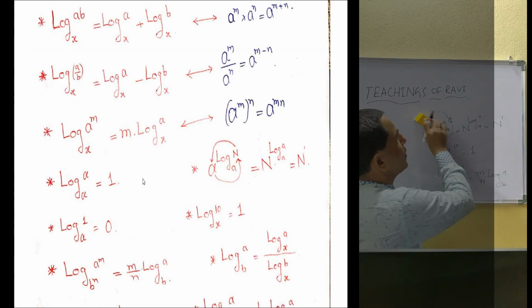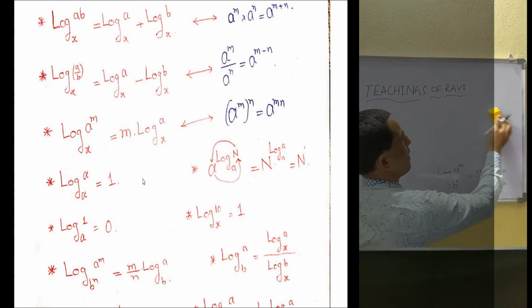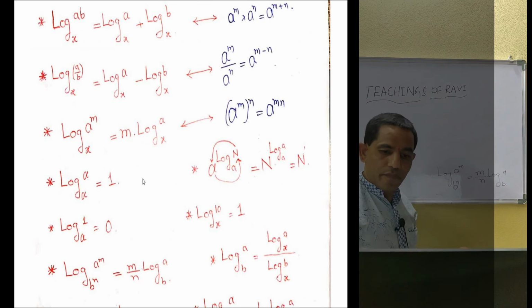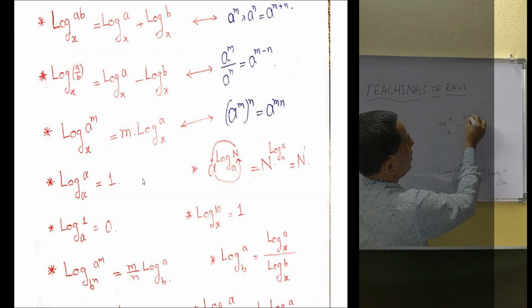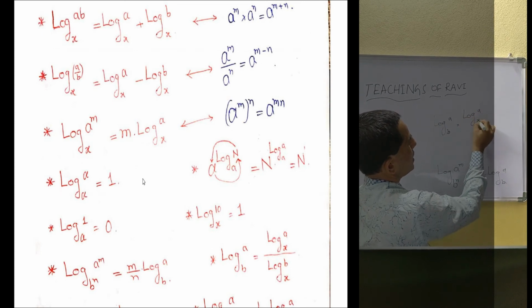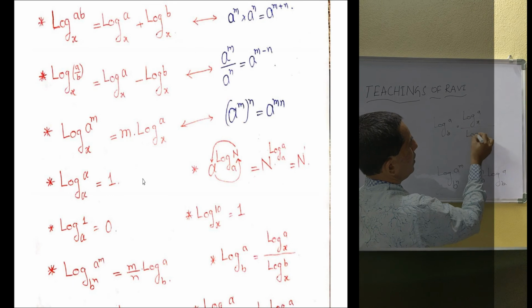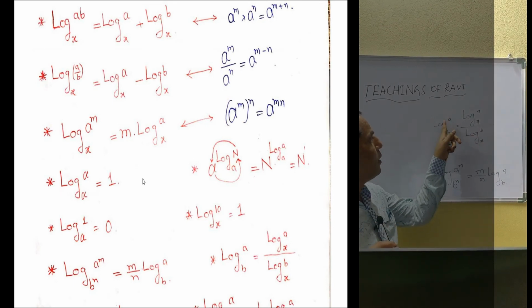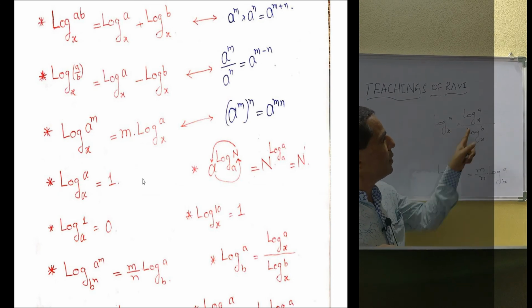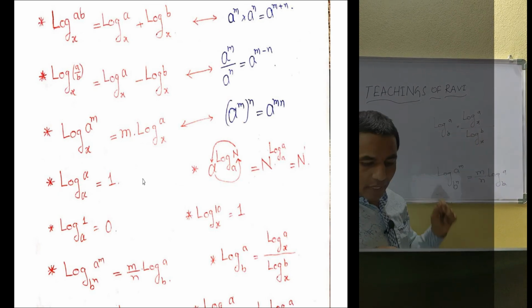Next one, another one: log a base b is equal to log a base x by log b base x. So here log a base b is equal to log a base x by log b base x.